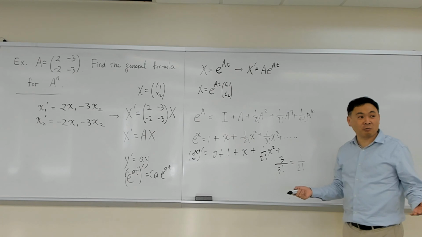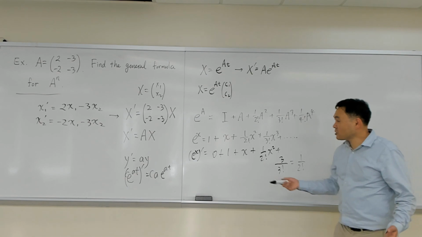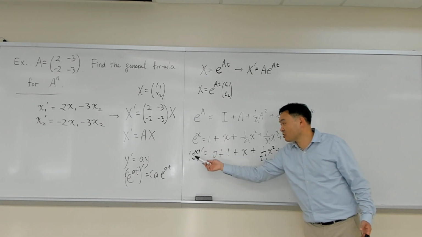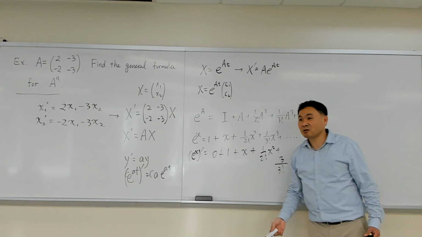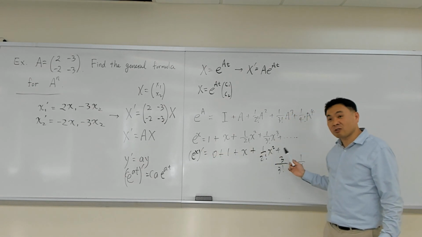Now, is that good or bad? Good. Why is it good? That's what we would expect, because e to the x is that exact function where if you differentiate, you get the same thing. So if you're claiming that these two are the same, then the right side should have the same property.